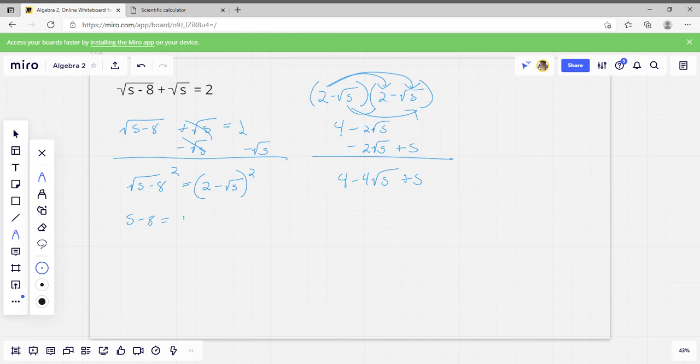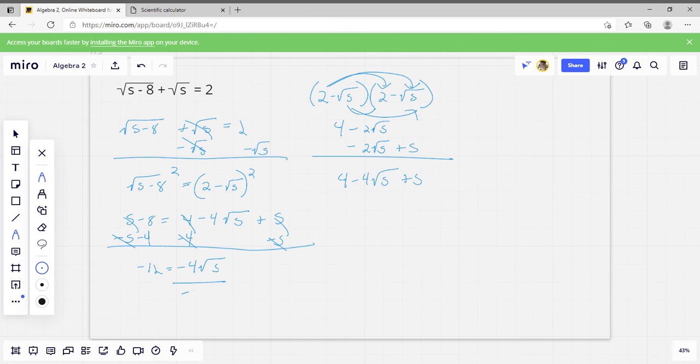Okay, so we'll remove that down here. 4 minus 4 times the square root of s, not plus 4, plus s. There we go. Okay, now we can say minus s. Those cancel. Okay, and then minus 4. Okay, and that gives negative 12 equals negative 4 times the square root of s.